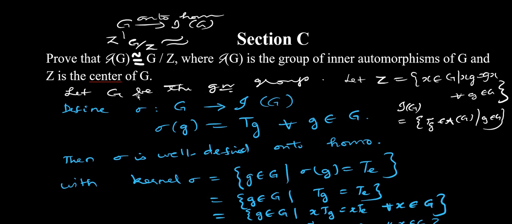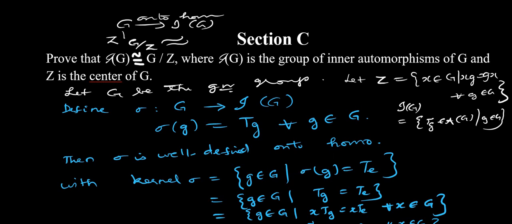So for that, we'll consider a mapping, say sigma from G to script I of G defined in this way. Any element is taken here as small g. So this is defined for every g in G. We can easily prove that this sigma is well defined, onto is very obvious, and then it's a homomorphism. So all that can be easily proved.